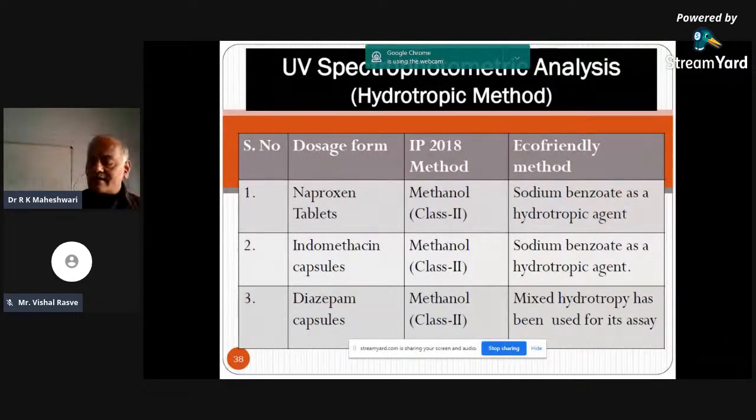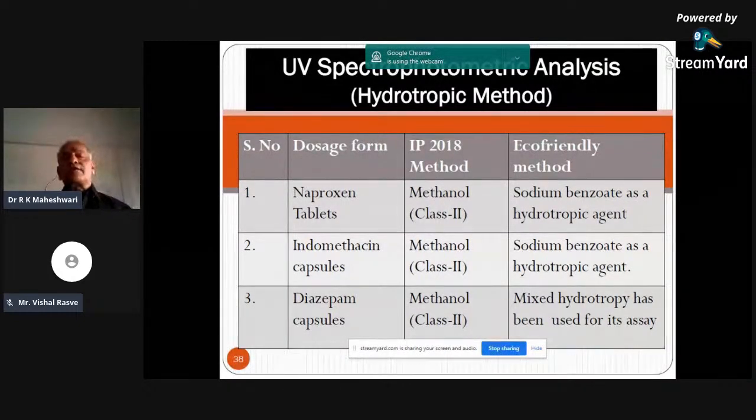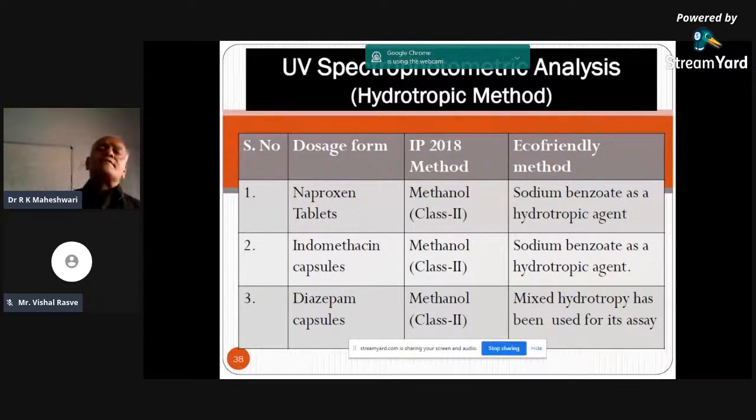Now, one thing I would like to tell you: why sodium benzoate does not interfere at 318 nm of indomethacin IP. The reason is sodium benzoate does not interfere above 292 nm. That's why at 318 nm of indomethacin it is not interfering. Urea does not interfere above 245 nm.